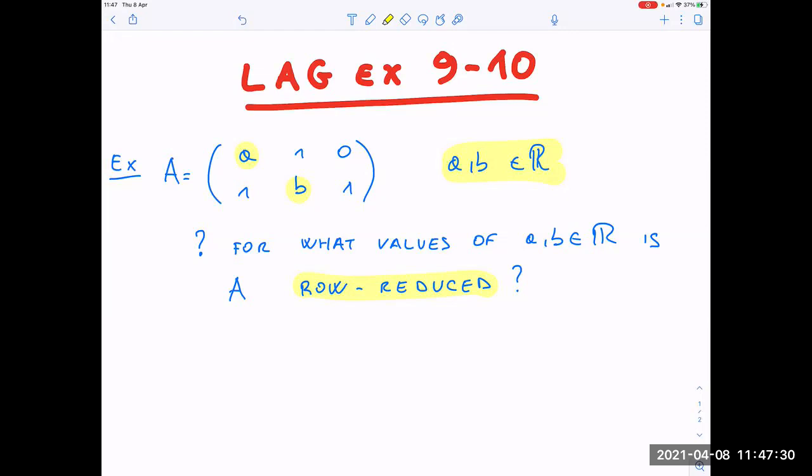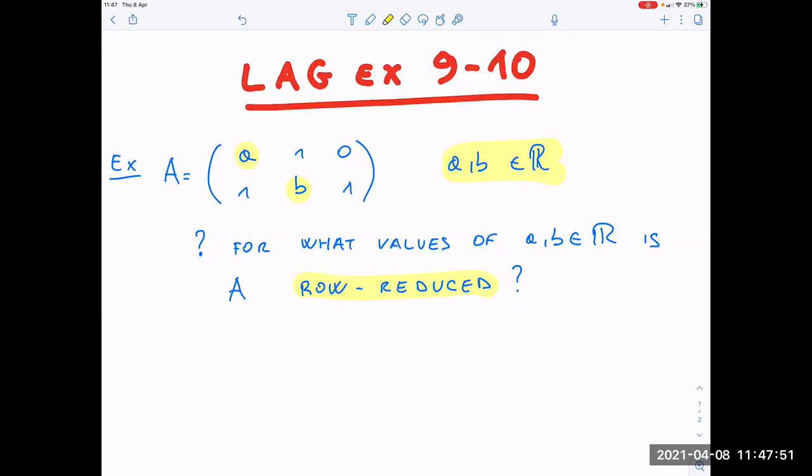The idea is that for each possible value of A and B, you have to give an answer. Usually when you give an answer to this question, it will look something like: for A equal this or that, or for A different from this or that. Similarly for B, these hold, or these do not hold.